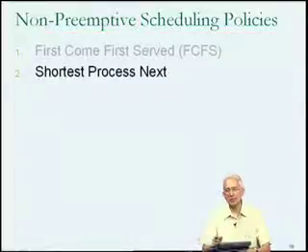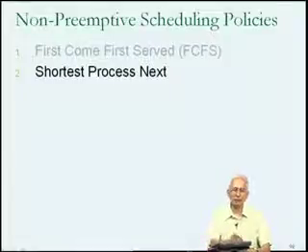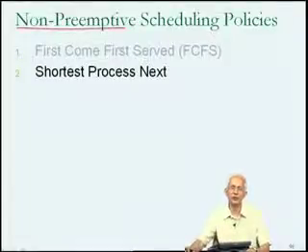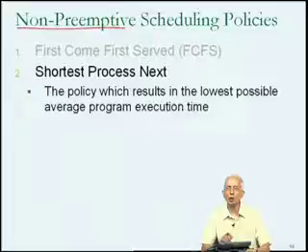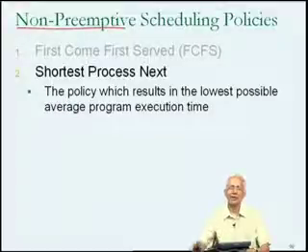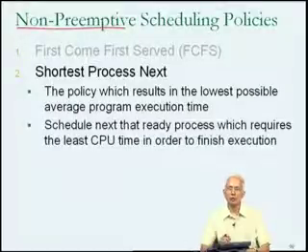Therefore, another process scheduling policy which is talked about in the context of non-preemptive situations is a scheduling policy which actually tries explicitly to minimize the average program execution time by always scheduling the process which requires the least amount of CPU time. So among all the processes in the ready queue, or among all the ready processes, it tries to identify the process which has the lowest requirement as far as execution time is concerned.